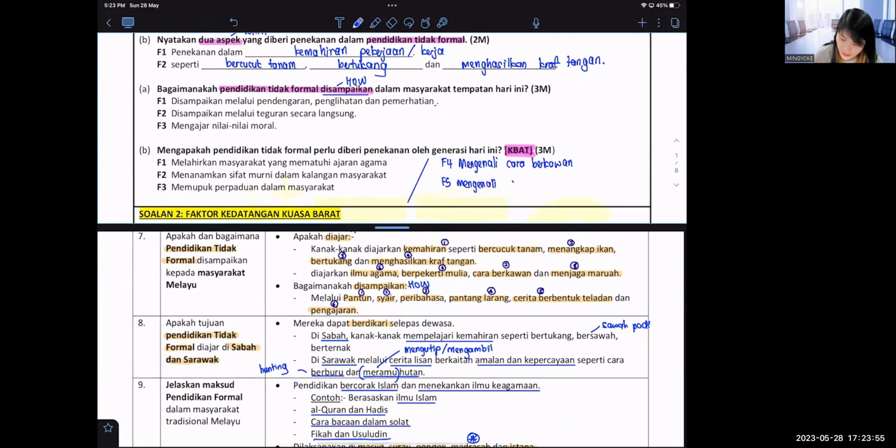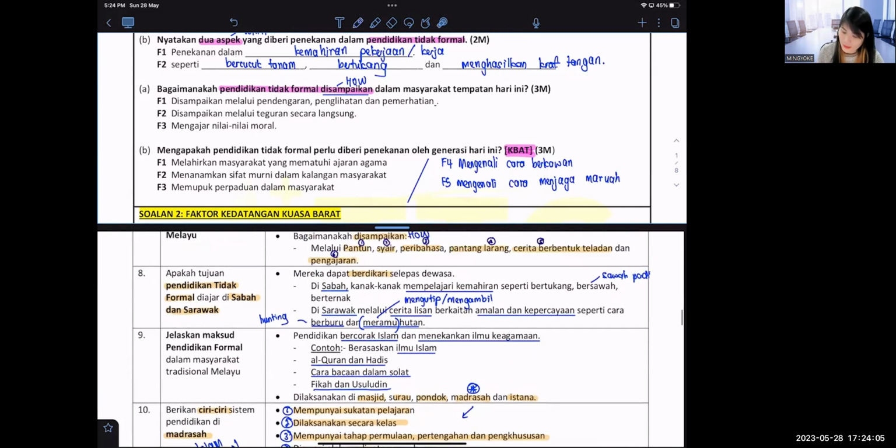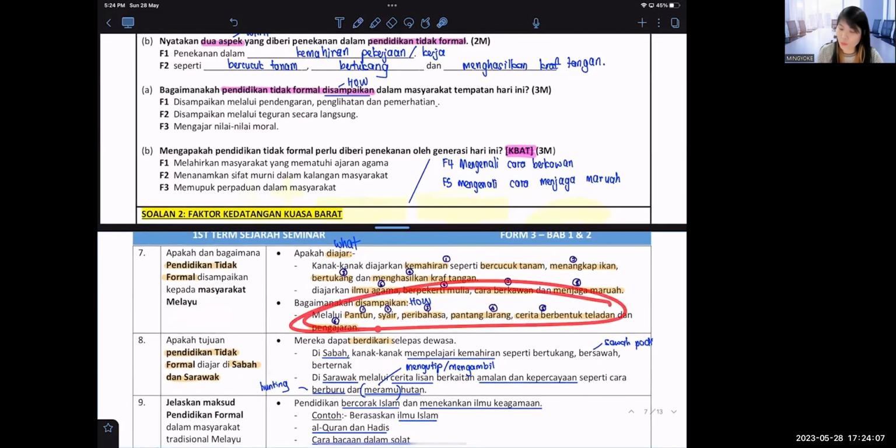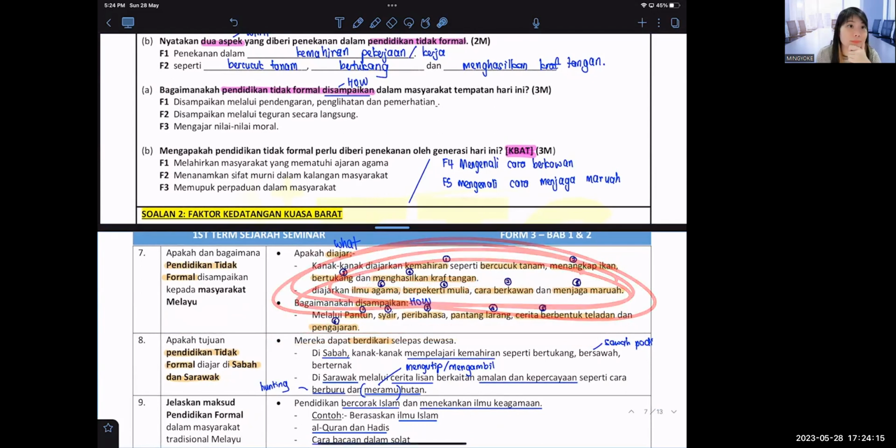Mengenali cara menjaga maruah. You see? You can put back what do we or how do we. Okay, can okay, so you do it yourself.